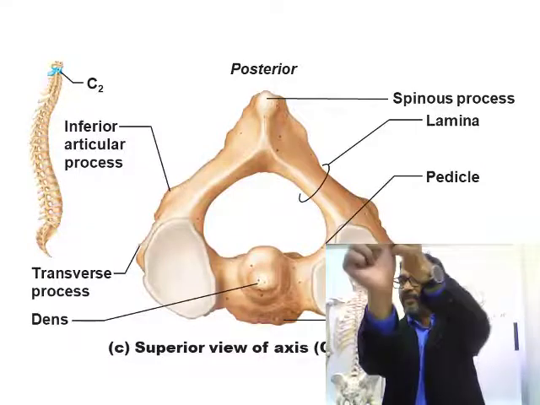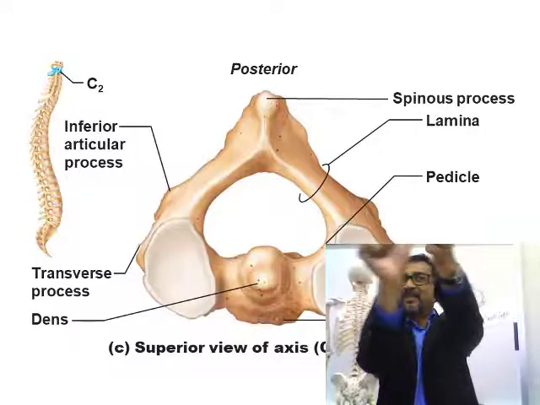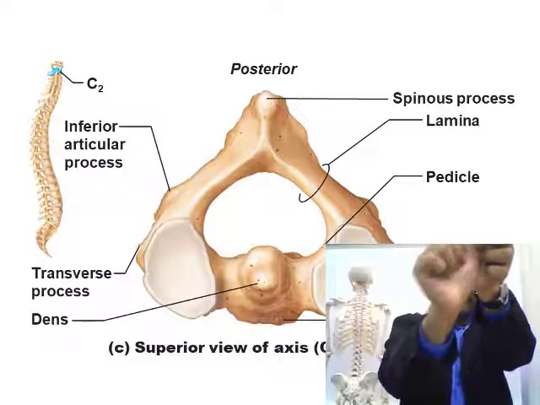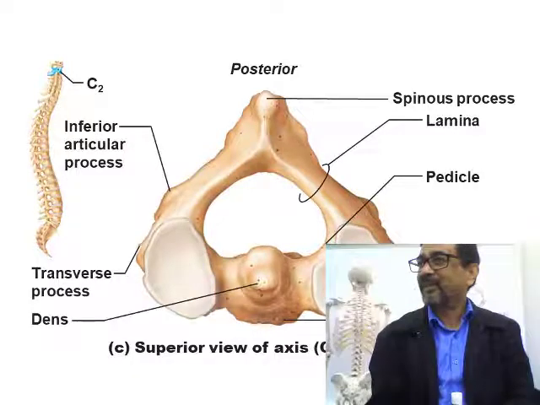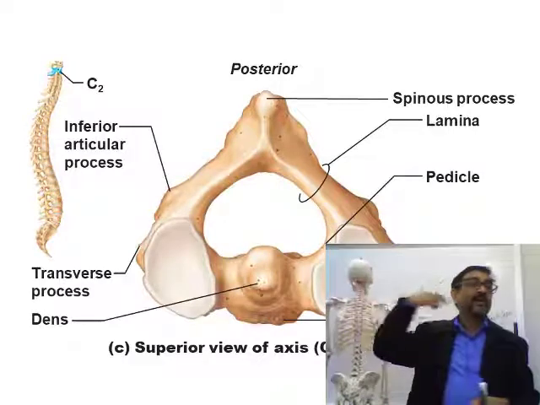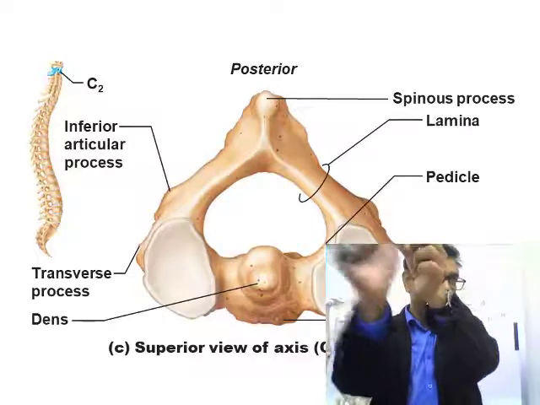Any pressure from here will move it back, and this dens is inside. So it will crush the spinal cord. Make sense? Crush the spinal cord, and that can cause death of a person, because in that part of the spinal cord you have the respiratory and cardiac center. So if a crush occurs there, it can cause death of the person immediately. Okay? So that's a weak point. Got it?